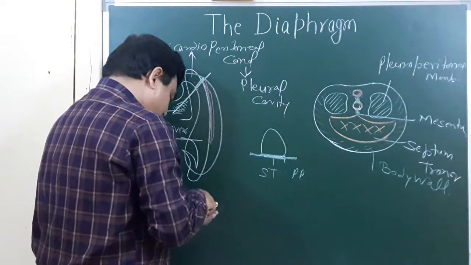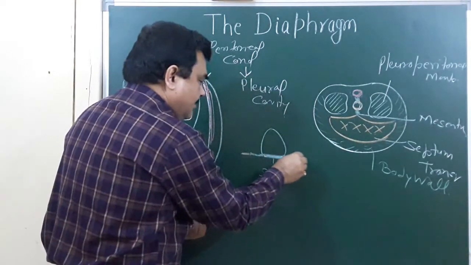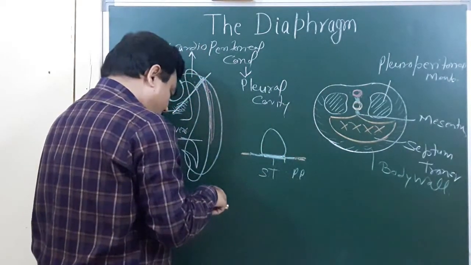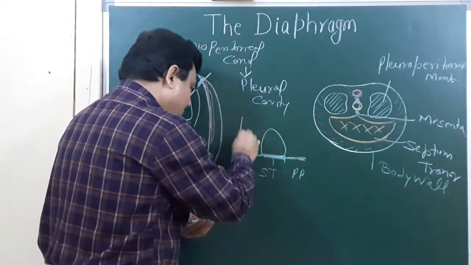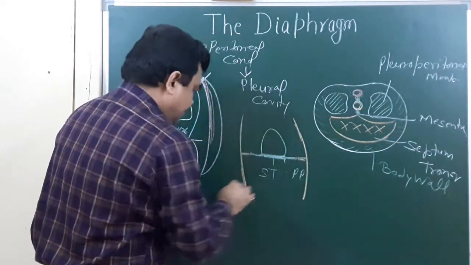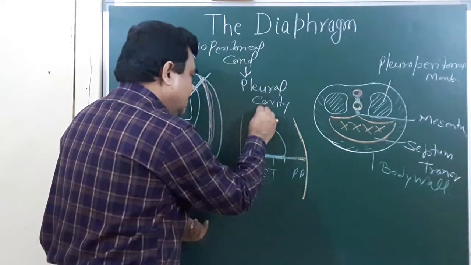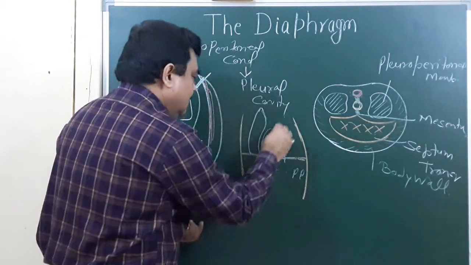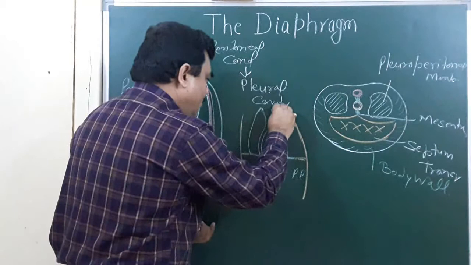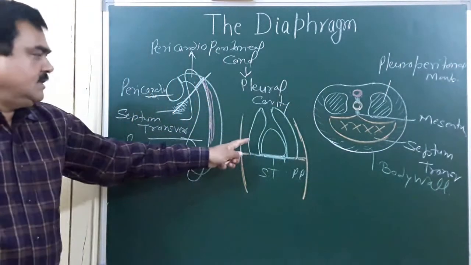And here is body wall, the structure derived from body wall. This is body wall. And here lies the pleural cavity in which the lung bud grows.